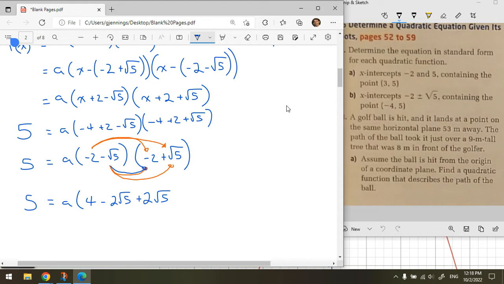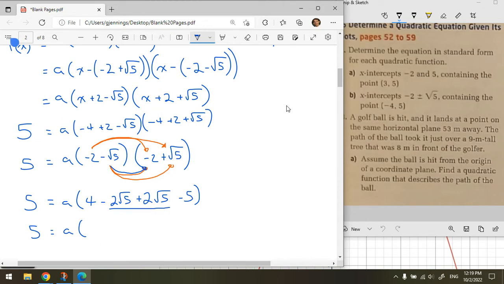Notice that those are going to cancel out. And negative root 5 times positive root 5 is -5, because root 5 times root 5 is 5, but we have one negative, so it's a negative. Simplify. 5 is equal to a multiplied by -2 root 5 plus 2 root 5.